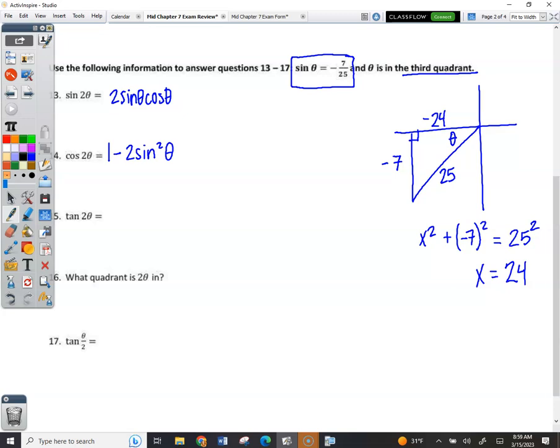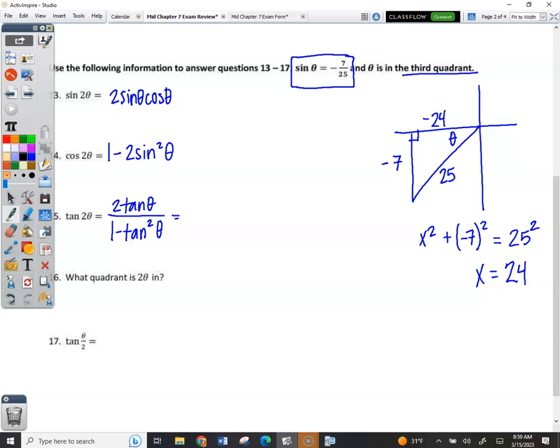Tangent, there's only one formula. It's 2 tan theta over 1 minus tan squared theta. Okay, I'm going to work this one out to show you. The technique would be the same with the previous ones. You go to the picture, you pull the fraction, you plug it in. Tan is opposite over adjacent, or y over x.